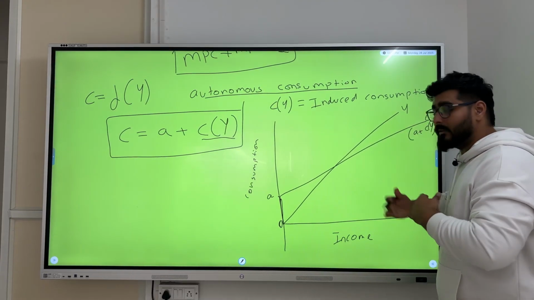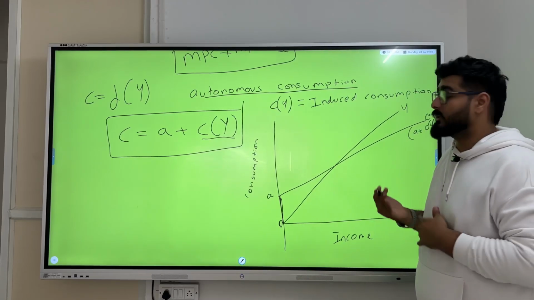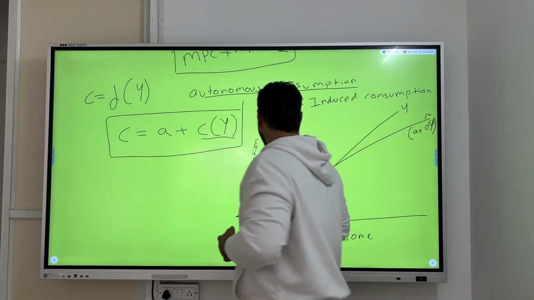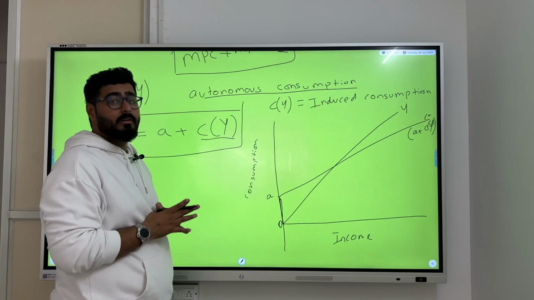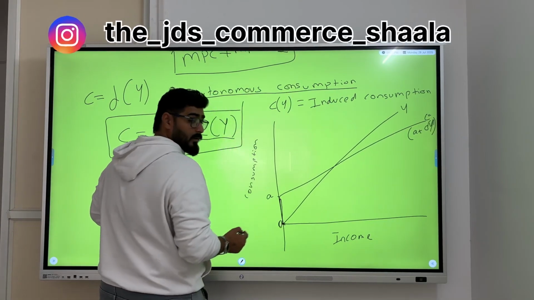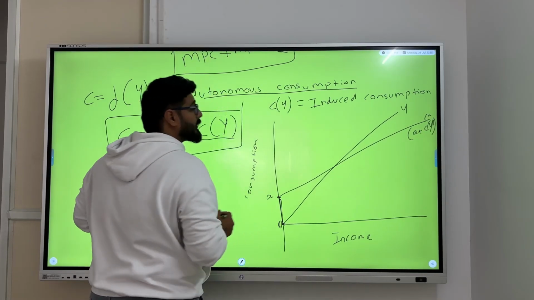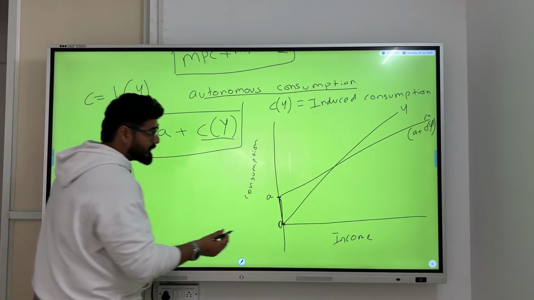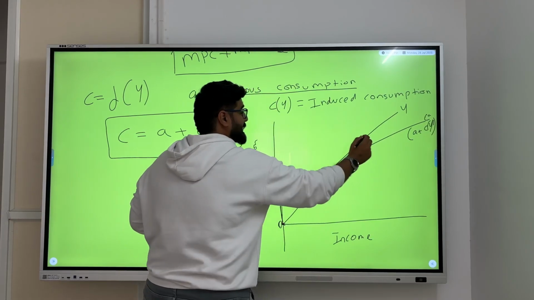As and when the income increases, the consumption also increases. The important thing for us to understand is that at zero level of income, I had a certain consumption, and as and when the income rises, the consumption rises.